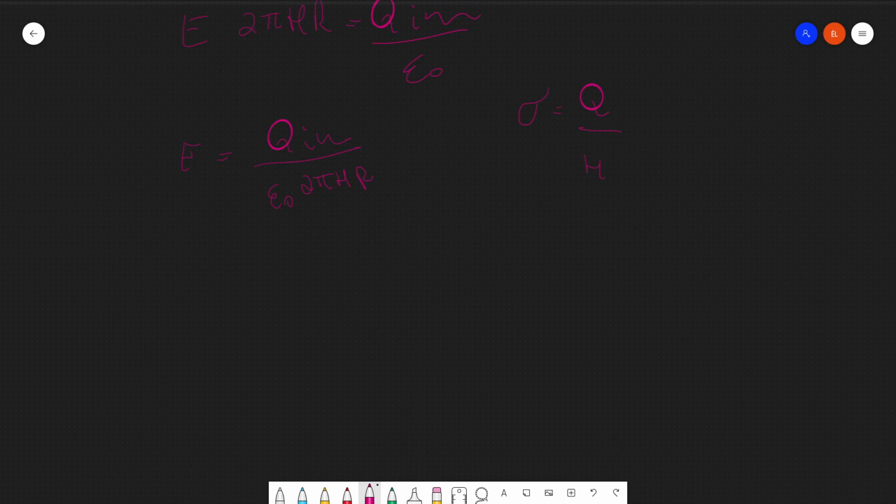Isolating Q, H times the density equals Q. So E equals H times the density over epsilon 0 times 2 pi H R, so we can cancel the H, and it equals the density, or lambda. People call this lambda for some reason, but I'm gonna call it sigma, over epsilon 0 times 2 pi R.